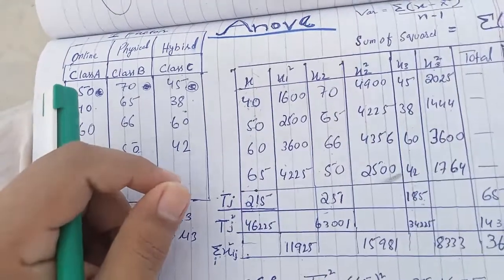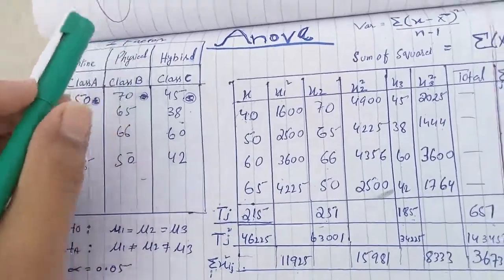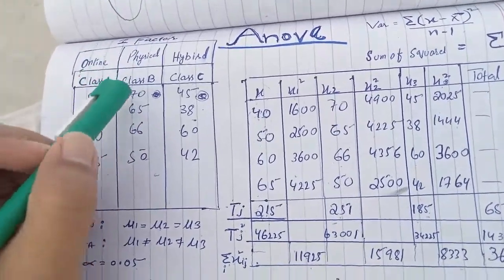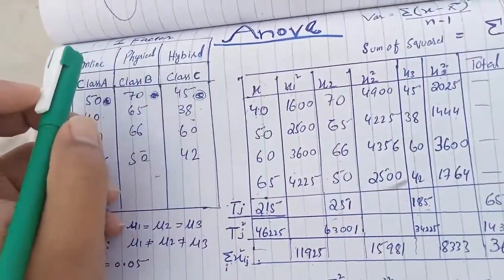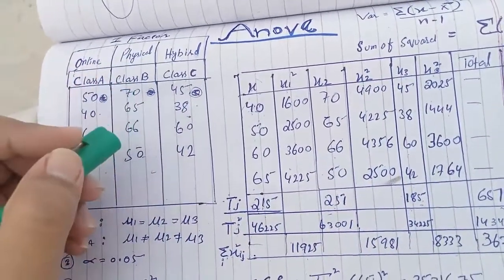The factor is the class model; for each class, for each sample, a different model is applied.